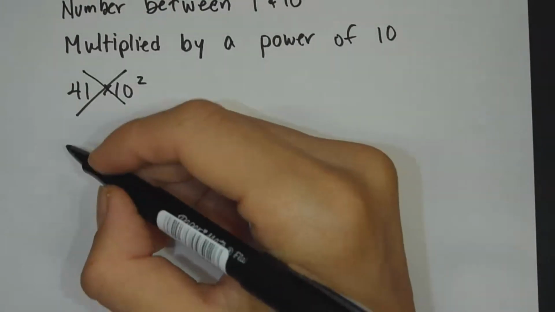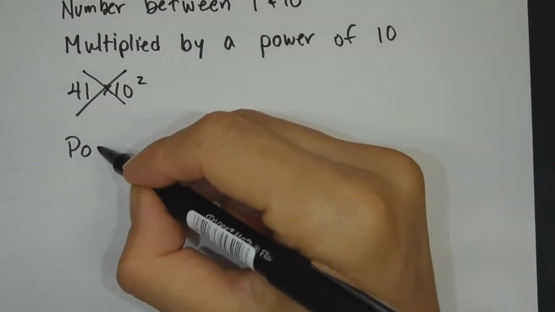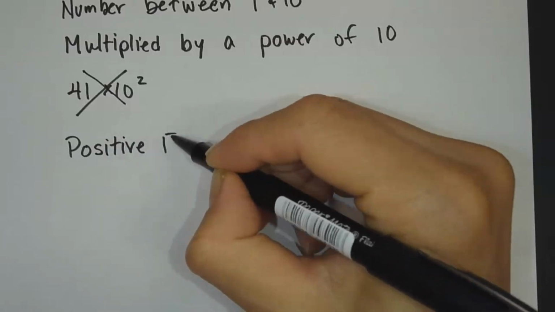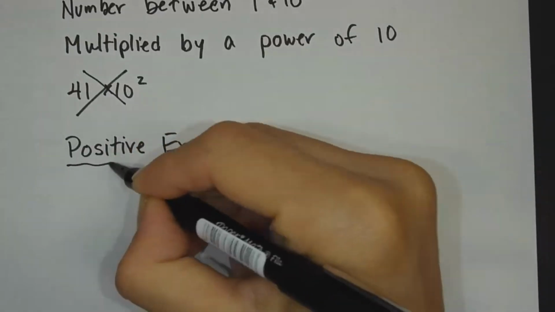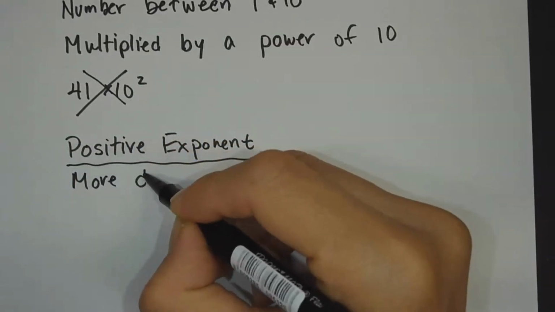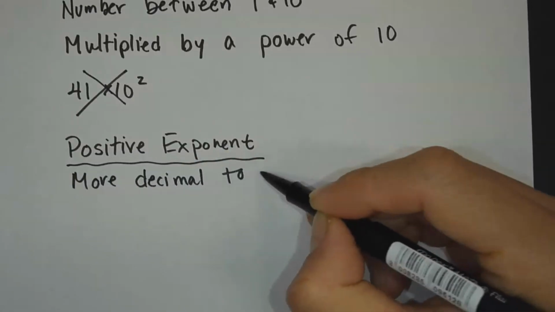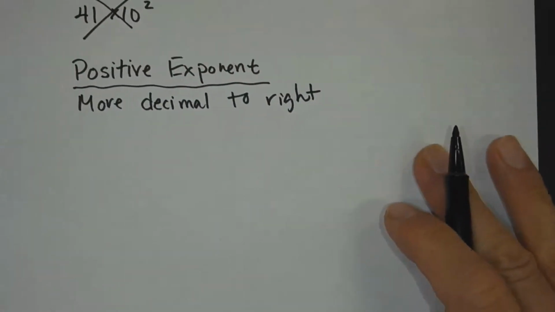When a number is written in scientific notation, the exponent is either positive or negative. If the exponent is positive, then we're going to move the decimal to the right. So here's an example.